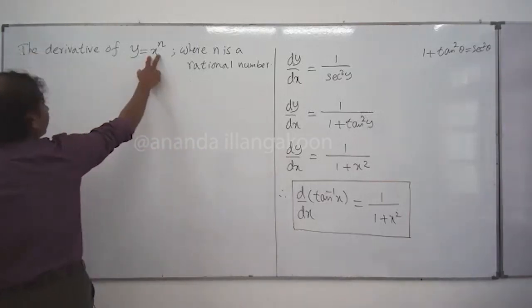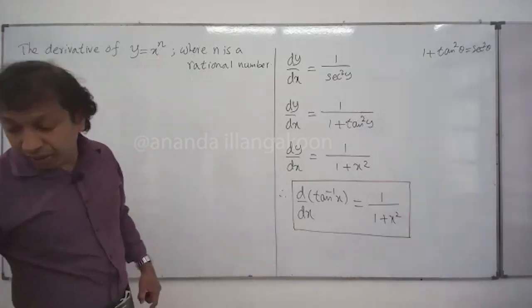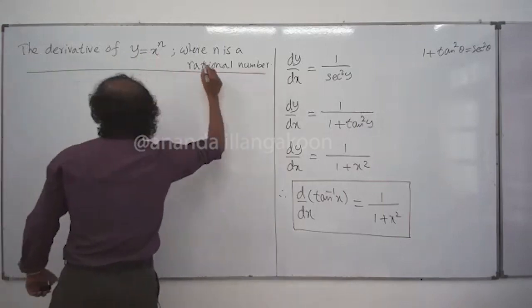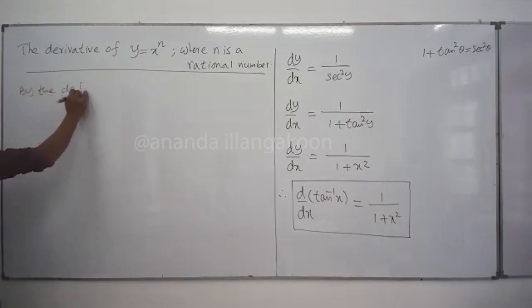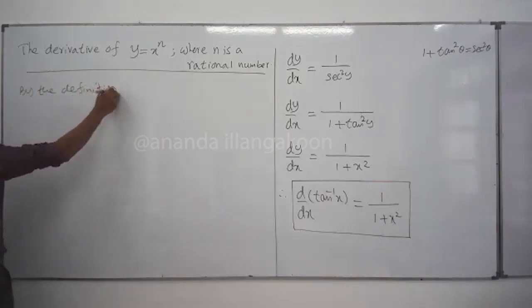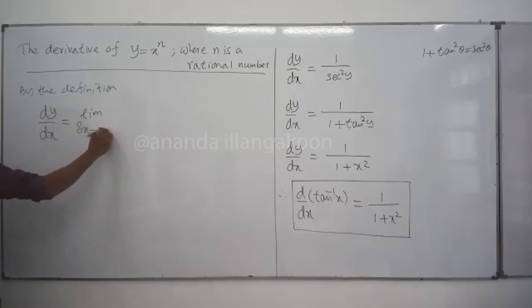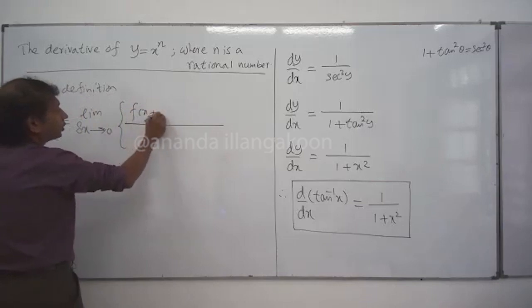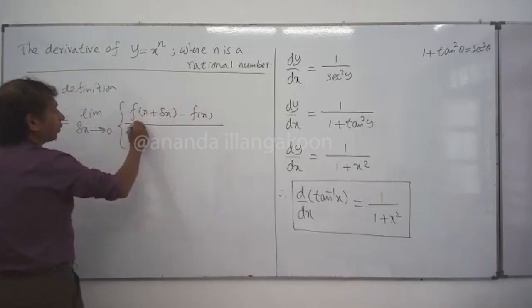Now we can write the derivative of this. You can assume this x to the power n as your f(x). Then we can directly apply the definition of the derivative. By the definition, dy by dx is equal to the limit as delta x goes to 0 of f(x plus delta x) minus f(x), divided by delta x.